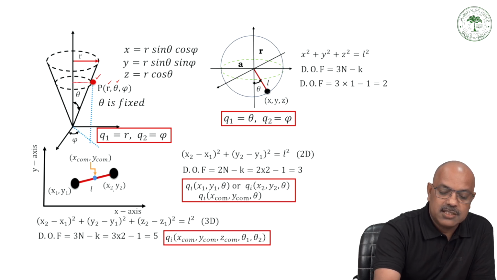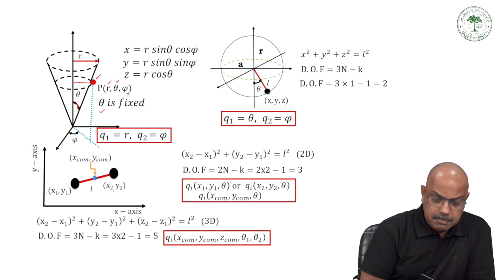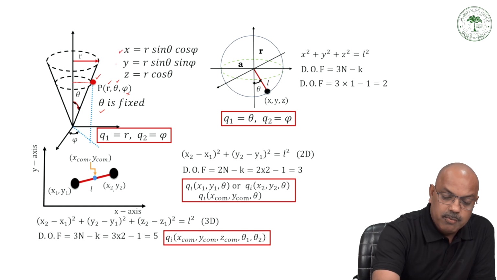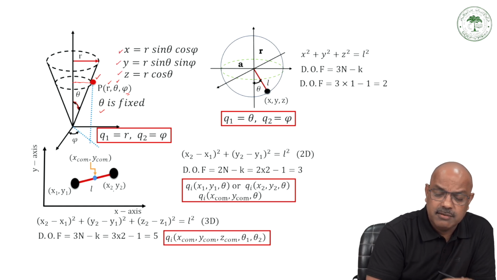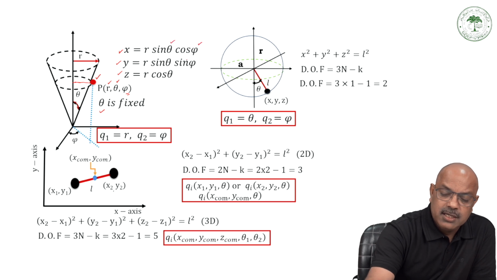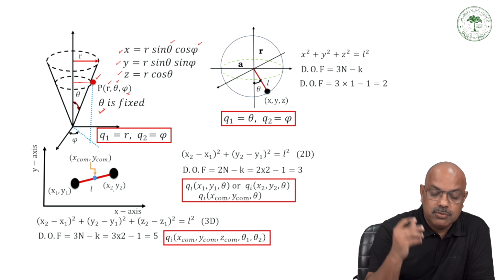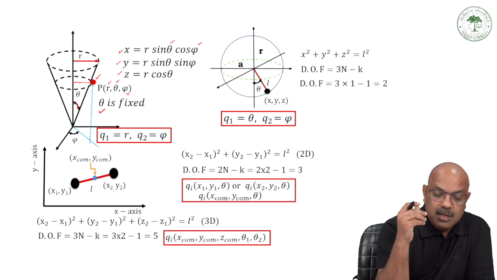Theta is fixed here, and this phi is the rotation of this particle. Okay, so the x, y, z components, as you know, in spherical polar coordinates are related with theta and phi. Because theta is fixed by this restriction, it is not going to vary.